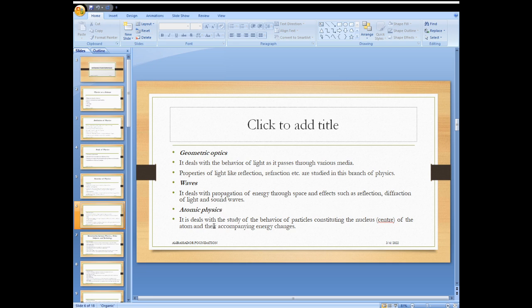It deals with the study of the behavior of particles constituting the nucleus. When we study the atomic structure, that is atomic physics. We will check this very well, especially when we shall be talking about a topic known as electrostatics. We will deal much with atomic physics and even electronics in Form 4. But just for now, know that it is one of the branches of physics.